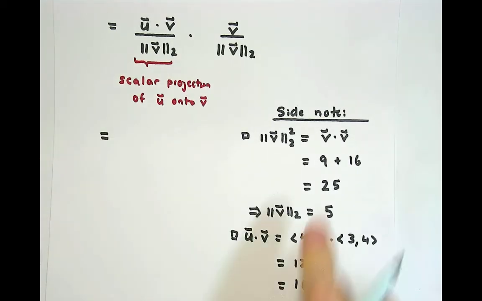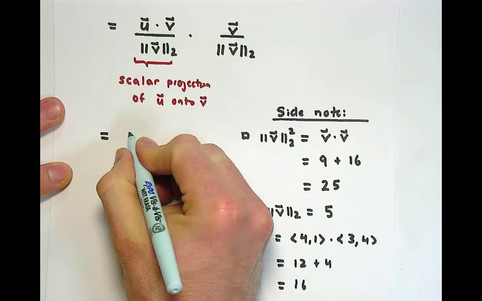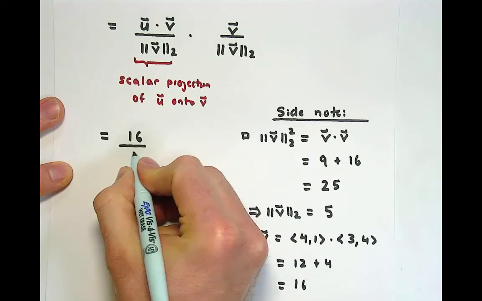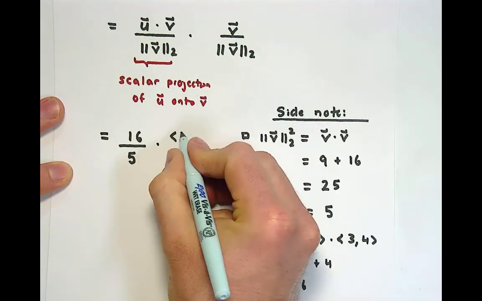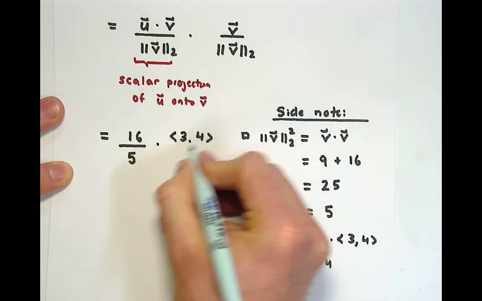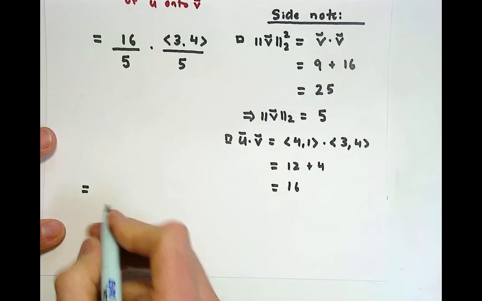If we go back up here, we can now use our side calculations to substitute in. This is going to be 16 divided by 5 times 3 comma 4 divided by 5. And I think I'm going to hammer home a point that I said verbally but I didn't show.